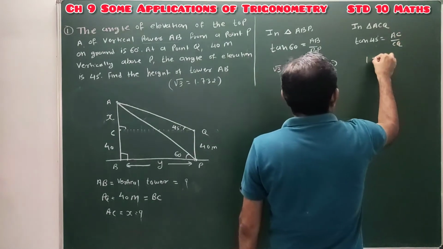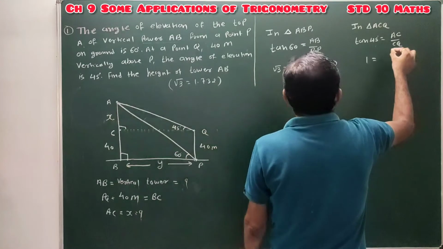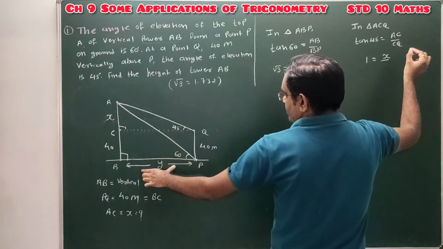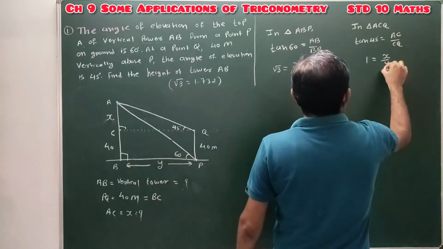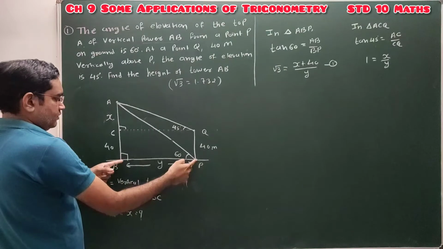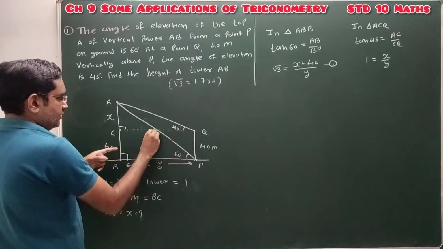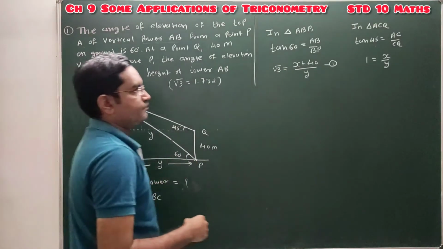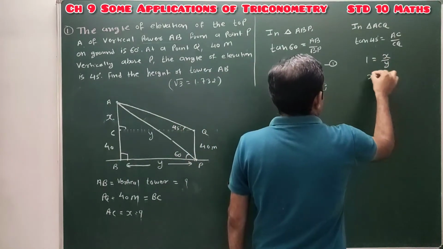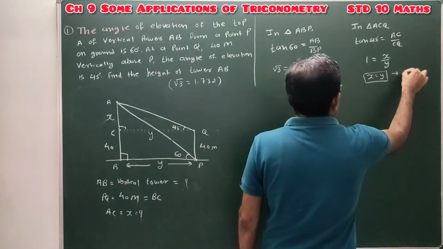So tan 45 is 1. AC is X. CQ, this length is equal to this length, so this is equal to Y. Look at the diagram, this BP length is Y, this is parallel to this CQ, so this length is also Y. So again from this equation we can say that X equals Y. Say result number 2.